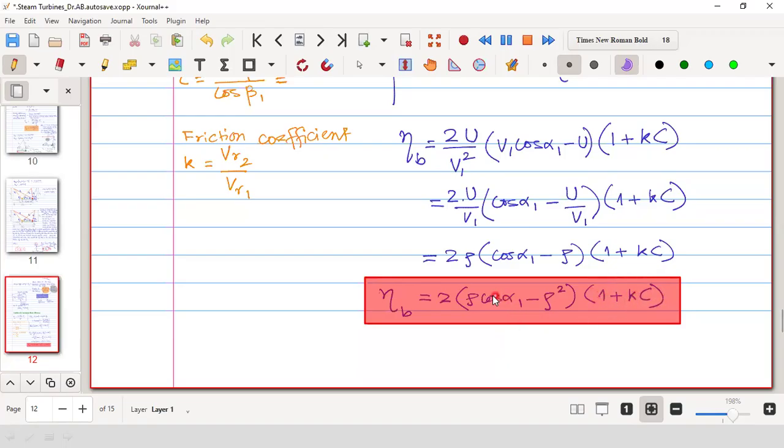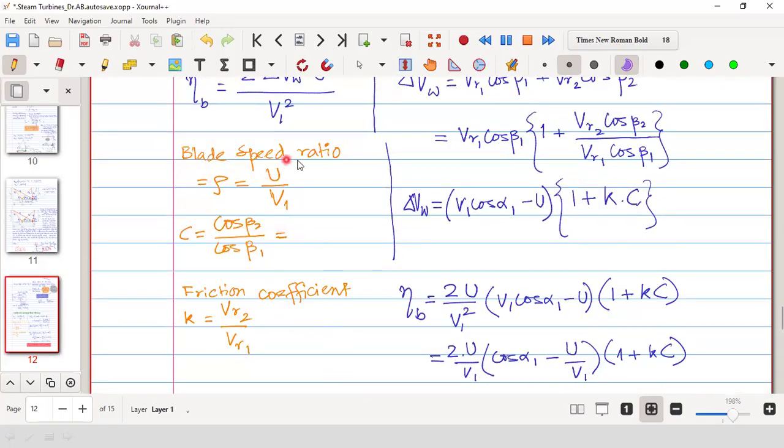Also, alpha 1 is also constant because the nozzle is having a particular angle. Therefore, for a particular set of stage, the blade efficiency depends on rho only. What is that rho? The blade speed ratio. It depends on the blade speed ratio only. So that is to be clearly understood.